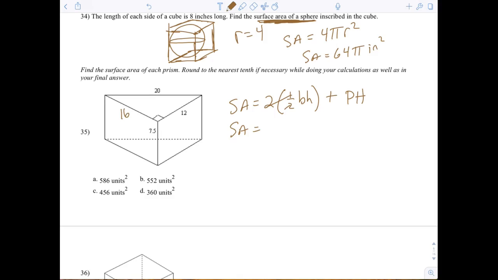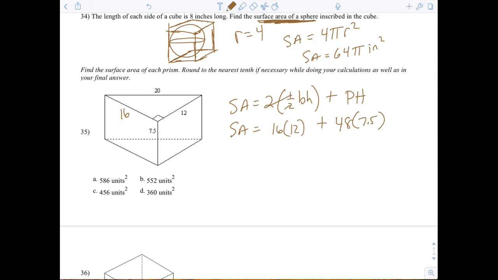Should be able to look at it and say it's 16. 3, 4, 5 triangle. So it's going to be 16 times 12 plus the perimeter, which is 48, times the height, which is 7.5.